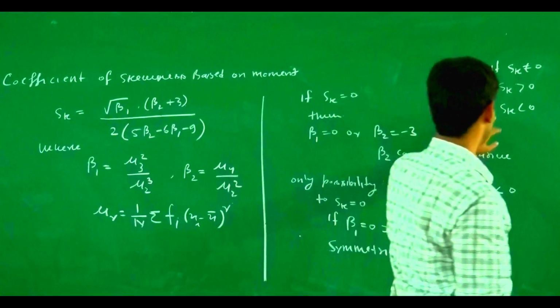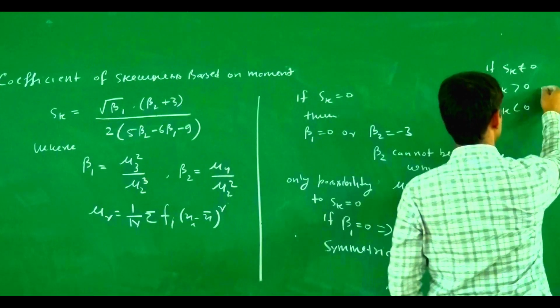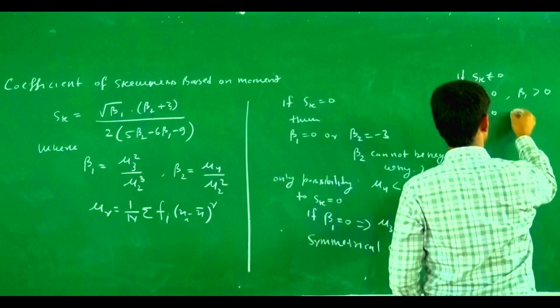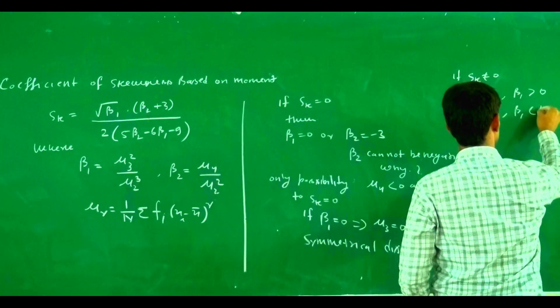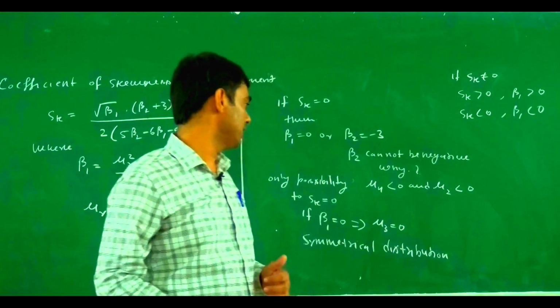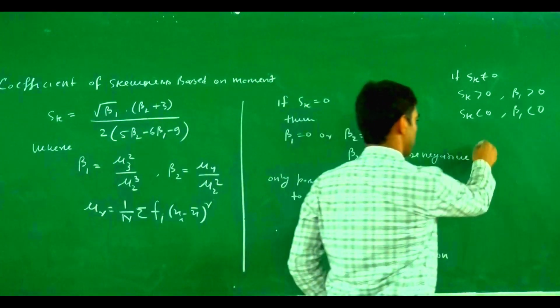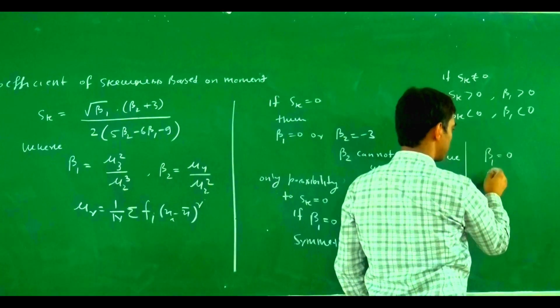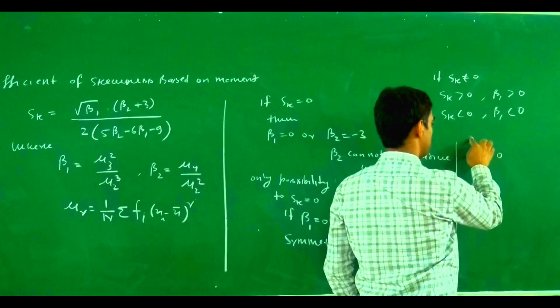So what is the value of this one? SK is greater than 0 if beta 1 is greater than 0, or less than 0 if beta 1 is less than 0. So we conclude that if beta 1 equals 0, then the curve is a symmetric curve.